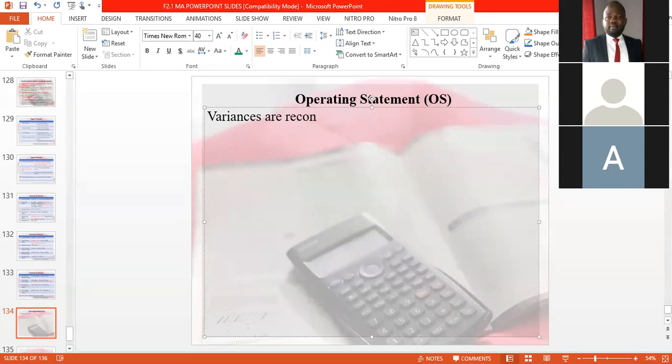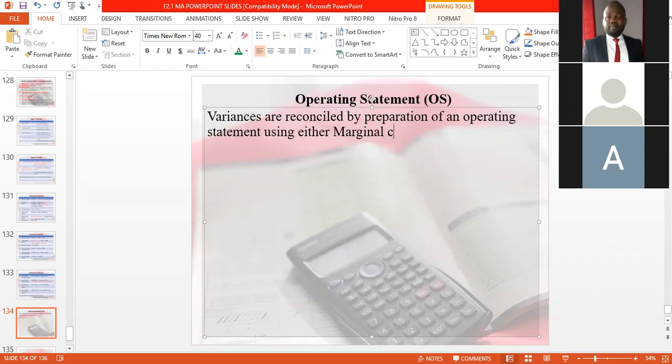Variances are reconciled by preparation of an operating statement using either marginal costing, normally called MC, or absorption costing.